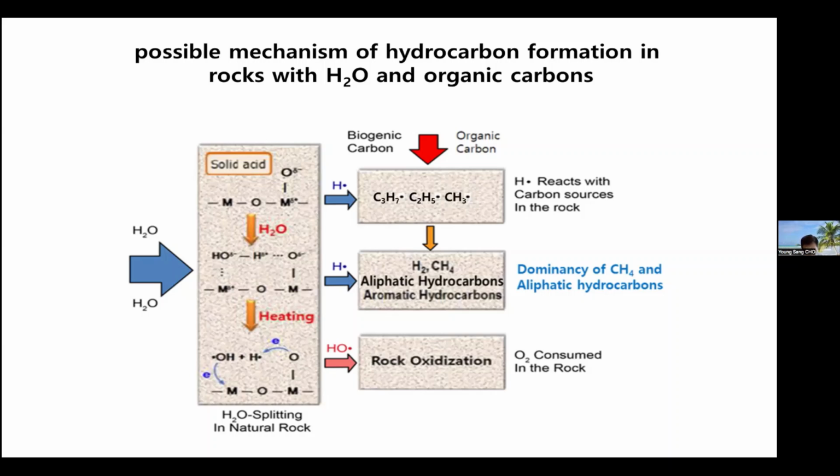So reaction occurs among these unstable hydrocarbons and hydrocarbon radicals to produce diversified hydrocarbons. And the OH radical, I have to mention here, is probably used for oxidizing unoxidized part of rock.